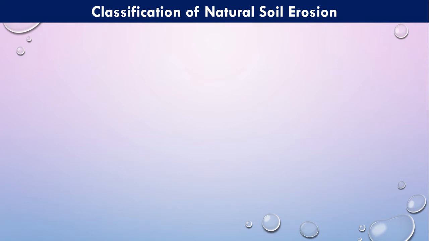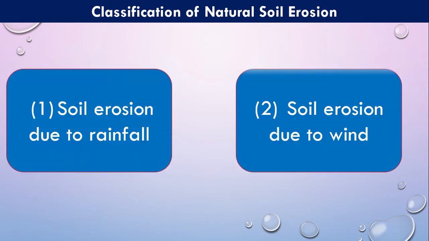Next is classification of natural soil erosion. Natural soil erosion is basically of two types. One is soil erosion due to rainfall and the other one is soil erosion due to wind. That means cyclone, any type of typhoon. This is called soil erosion due to wind. Now we will explain details about soil erosion due to rainfall.